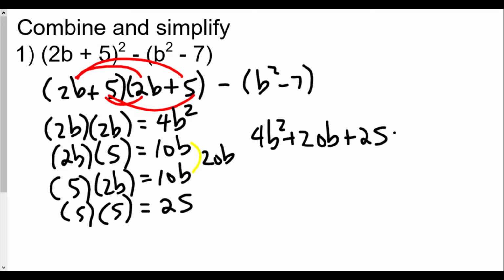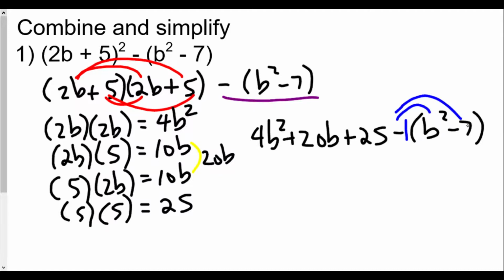Now we're subtracting from that b squared minus 7, because that's the second part here. We can't forget about that part. Now, again, we have to distribute. Please be very careful. Some of us will use keep change, or if you'd rather, you can put a 1 here and remember you're distributing a -1 for everything here.